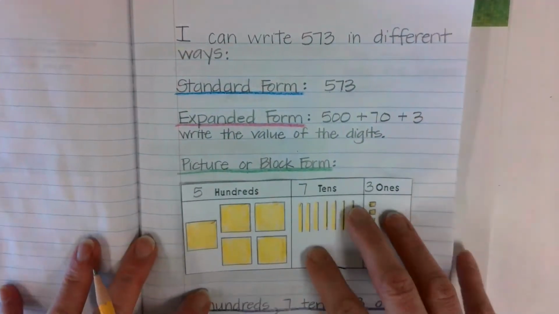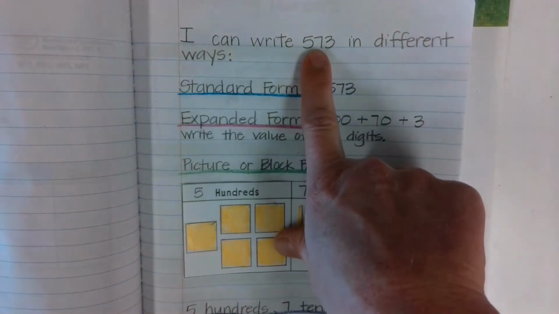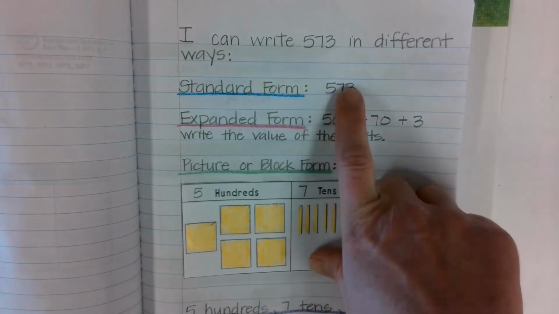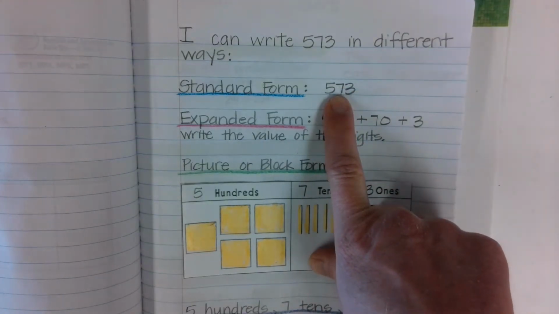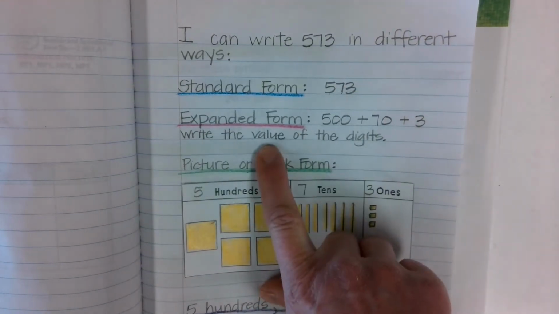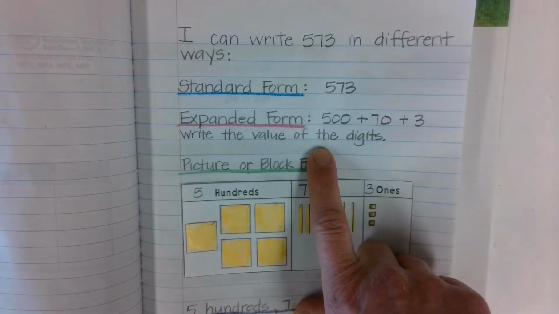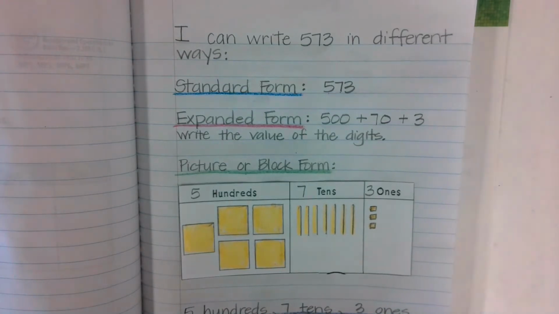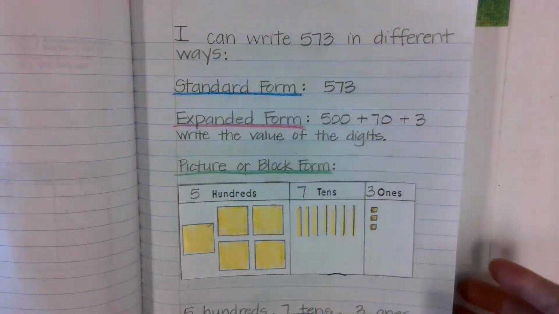And then we talked about it again on page 16. We talked about writing a three-digit number in expanded form. So if we have 573, in expanded form, we write the value of the digits, which is 500 plus 70 plus 3.